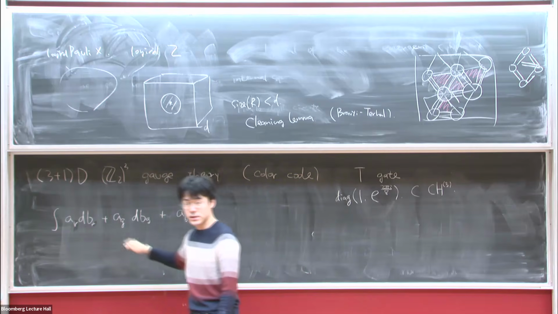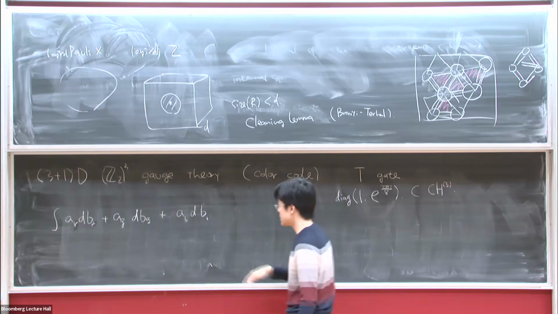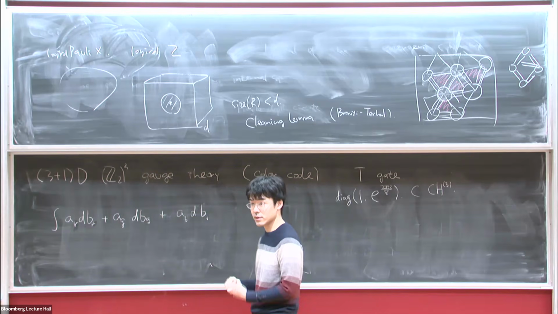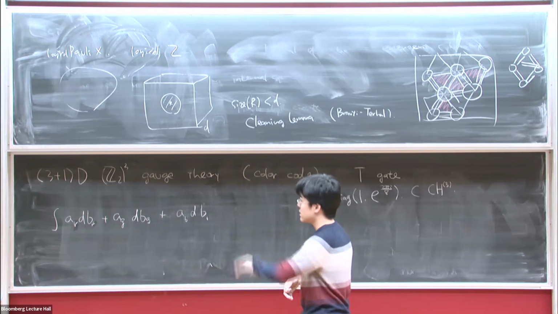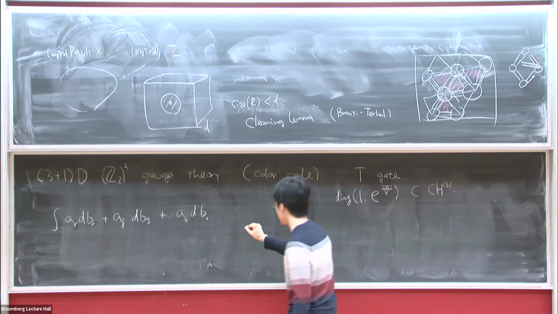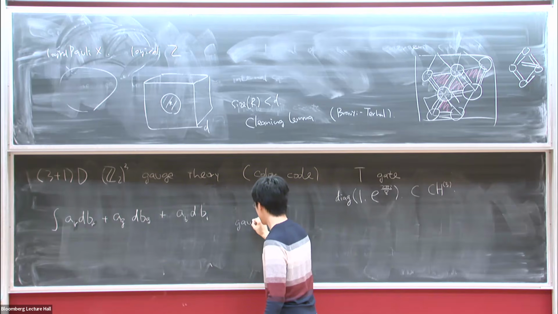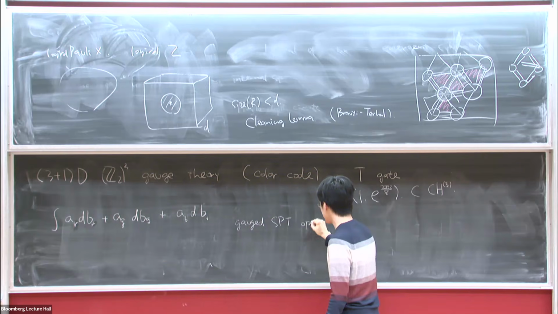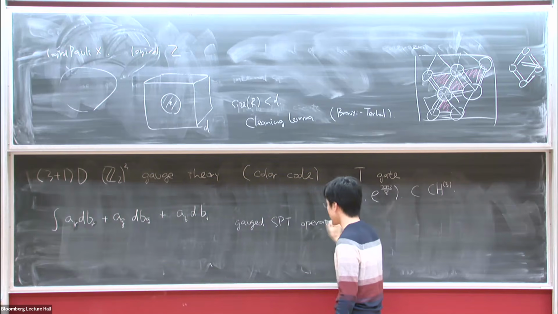In this kind of gauge theory, there's a particular symmetry operator which is very helpful for defining the non-Clifford operation, which is called a gauge density. This is some topological operator of the gauge theory.